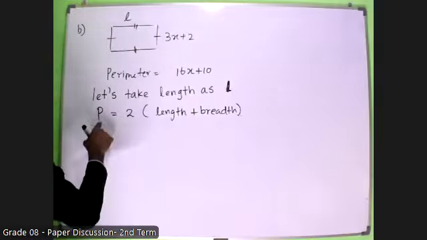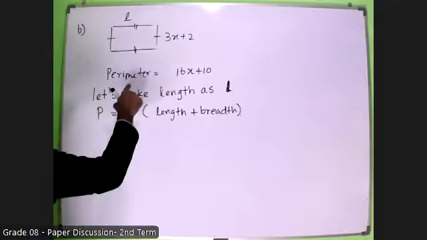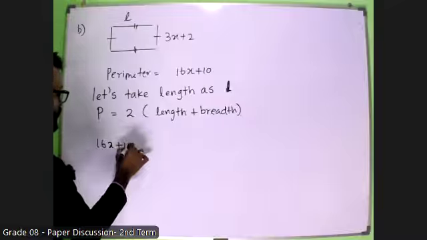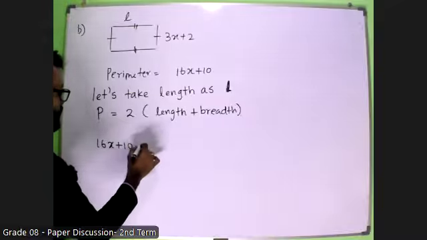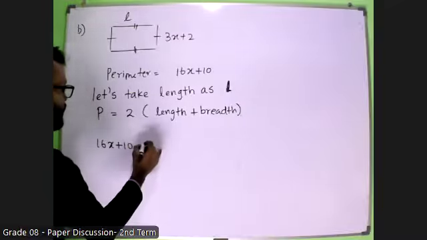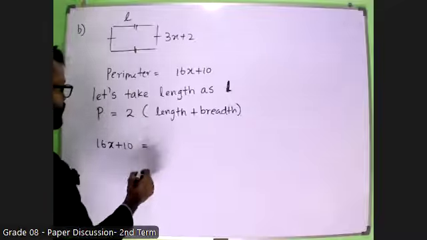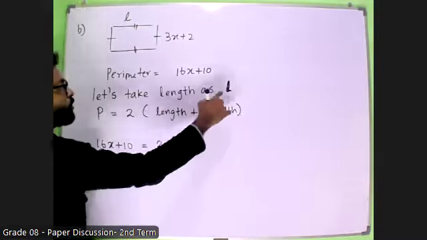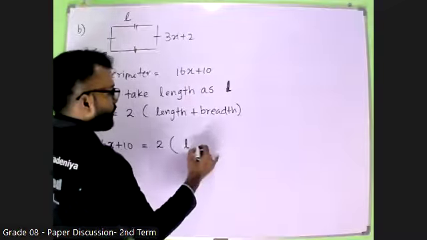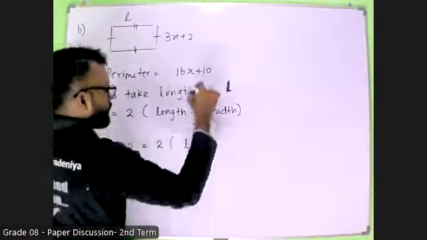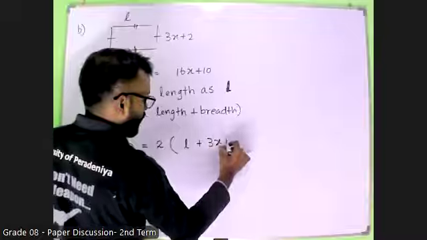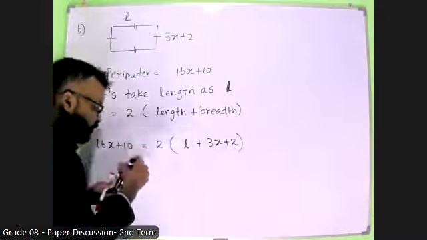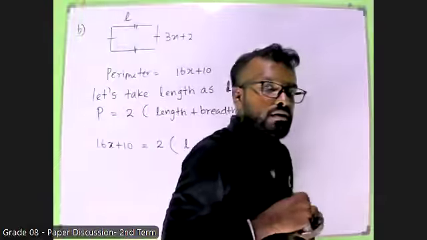They have given the perimeter, which is 16x plus 10, which is equal to 2 times length, we do not know, we are taking it as L, plus breadth 3x plus 2. So we need to find the length.